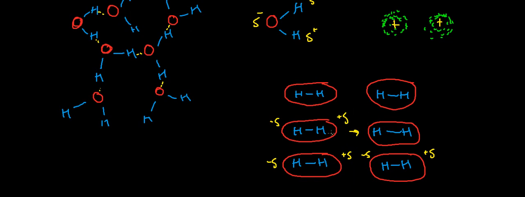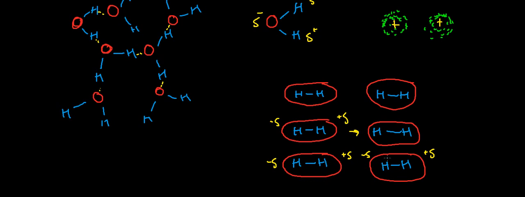So it ends up polarizing the other molecule slightly. Not a lot, just slightly is all that's needed. And now all of a sudden this molecule is slightly polarized, and then it'll polarize the next one, and the next one, and the next one.